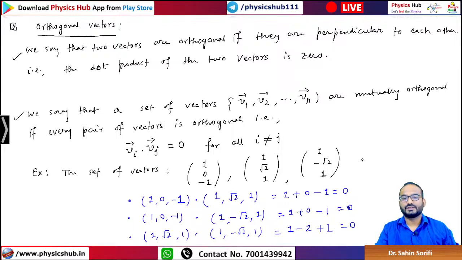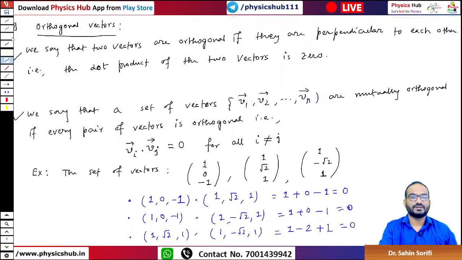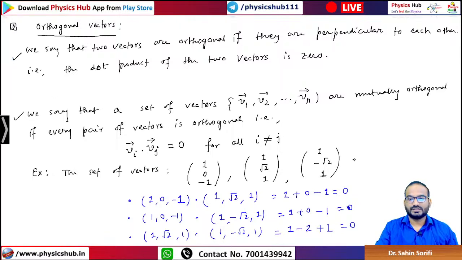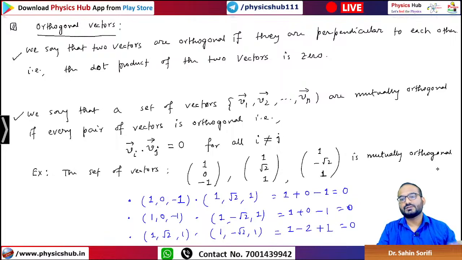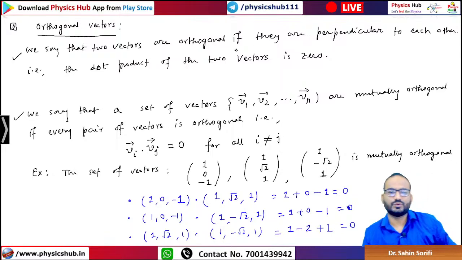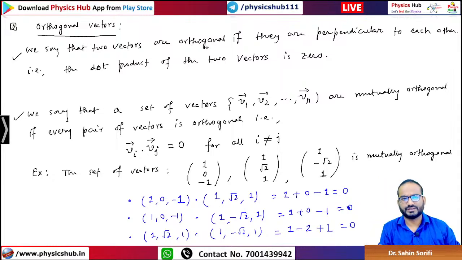It means this set of vectors is mutually orthogonal. Understood? When we talk about only orthogonal, it means between 2 vectors. Mutually orthogonal means you have to consider a set of vectors, and each pair of vectors will be orthogonal separately.